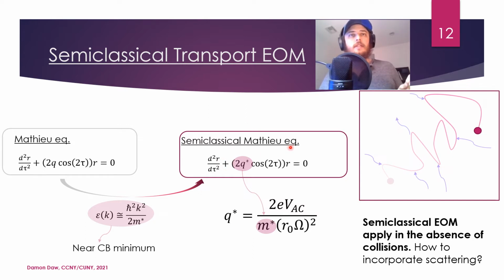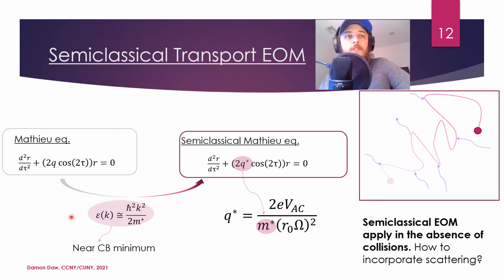This semi-classical Mathieu equation tells you how the dynamics of a localized electron wave packet will behave when you apply an external field to it, if it's in the conduction band of, say, diamond or silicon or something.